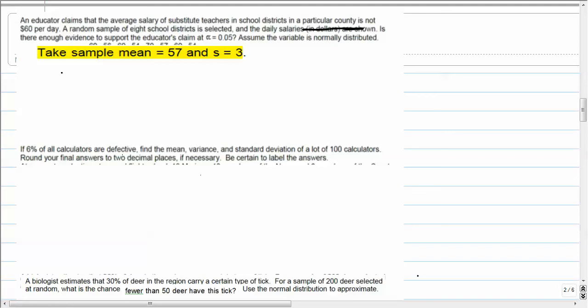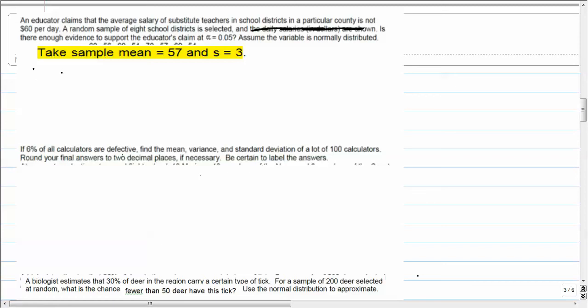So you can kind of ignore this because I changed the problem so you didn't have to work with the data, because you're not going to have to do that on the final. But anyway, we want to test that the educator is claiming that the average salary in a particular county is not $60 per day.